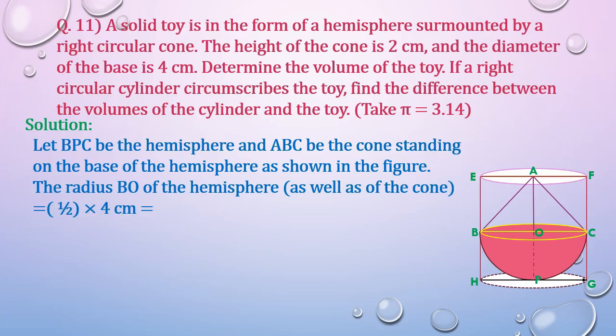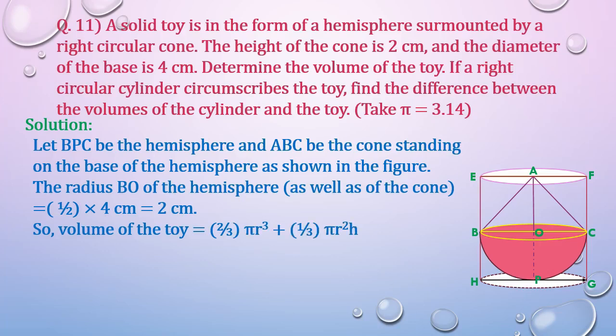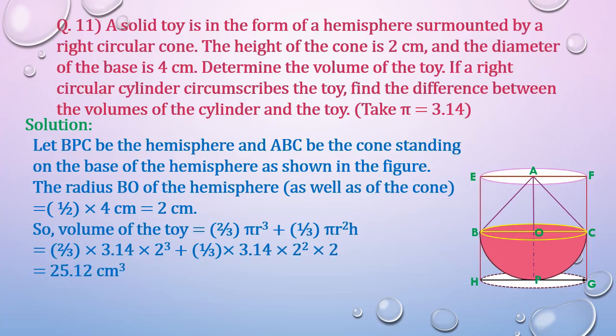So, volume of the toy is equal to 2 by 3 pi r cube plus 1 by 3 pi r square h, that is equal to 2 by 3 into 3.14 into 2 cube plus 1 by 3 into 3.14 into 2 square into 2, that is equal to 25.12 centimeter cube.